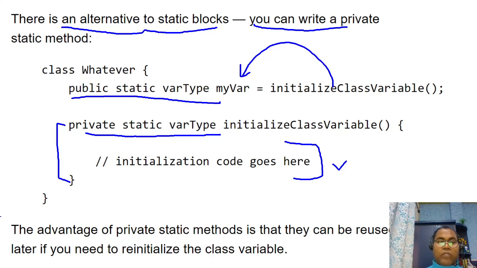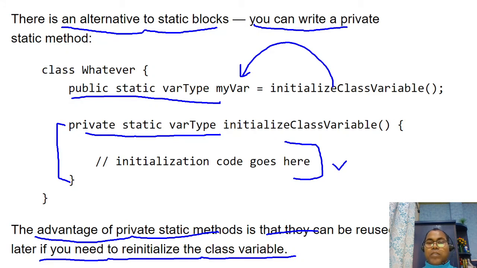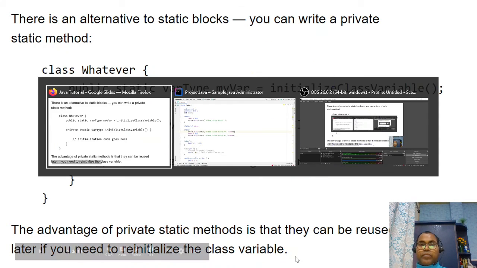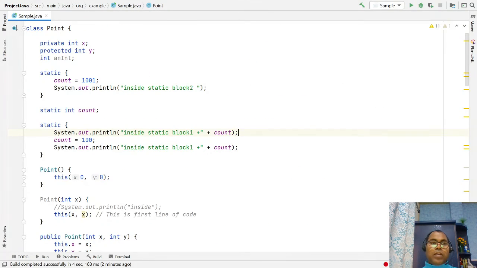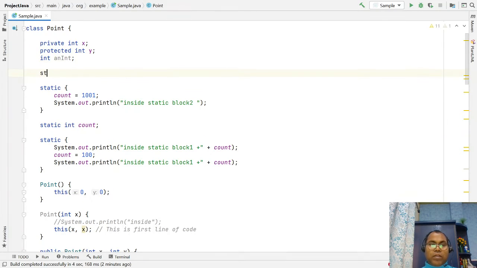So what is the advantage? The advantage of the private static method is that you can reuse it between the reinitialization and other variables. If you have another variable to initialize the same way, then you can reuse this.